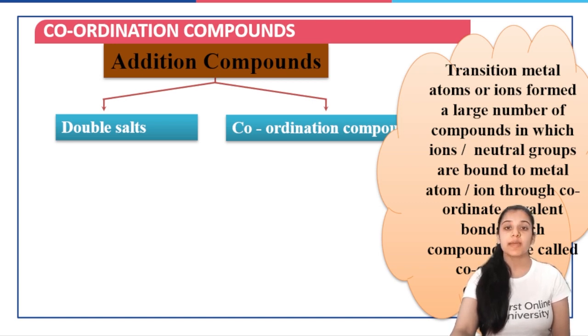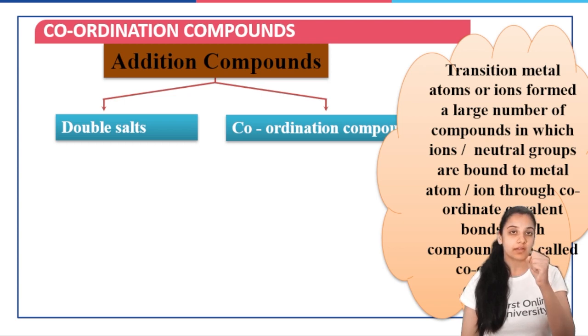Now the transition metal atoms or ions form a large number of compounds in which ions or neutral groups are bound to the metal atom or metal ion through coordinate covalent bonds. Whenever we have a transition metal or transition metal ion, since we know that metals are electropositive in nature, they have the capability of accepting electrons.